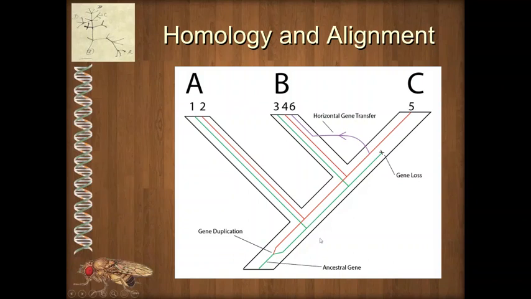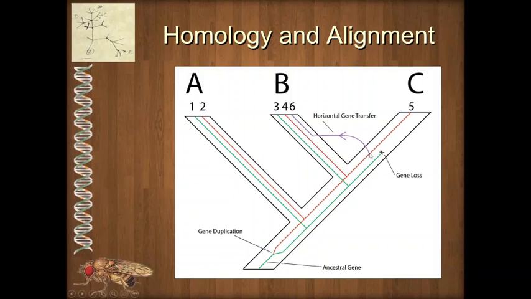Now you've been given this diagram, and so you know, because you can look at each of the ancestors and what they carried, where new events occurred, whether a loss or a horizontal gene transfer event or a gene duplication event, you know the pattern of and the history of these genes. So given a diagram like this, you should be able to trace back where those ancestral connections are.